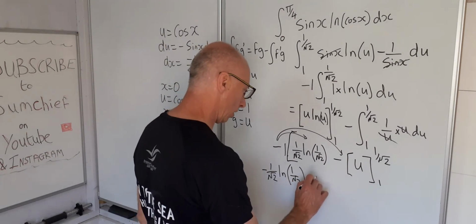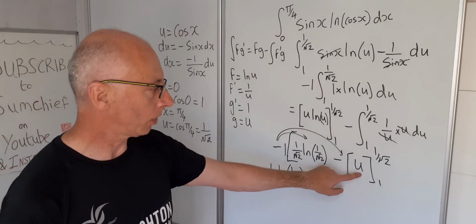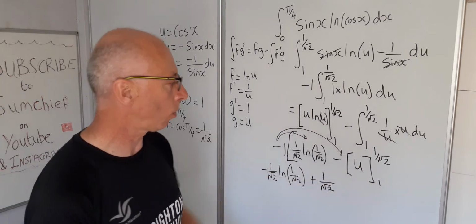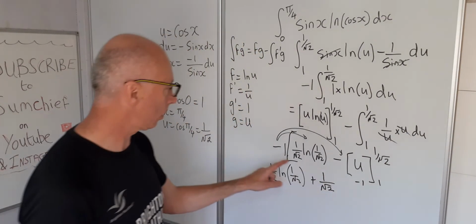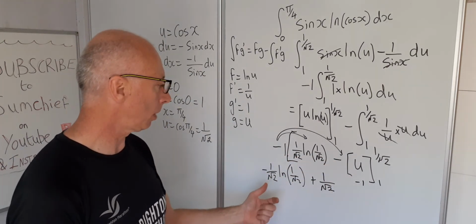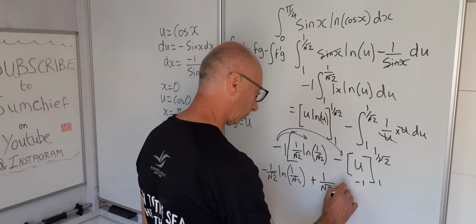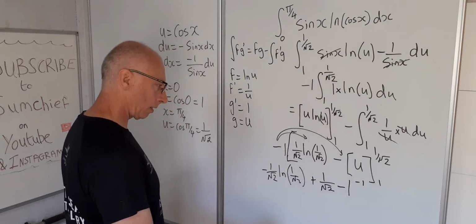So plus 1 over root 2. And now what we have to do when we're calculating this is subtract 1. So that would be subtracting 1, which would give us minus, minus, minus, so that's still going to be a minus. Okay, so that will give us our answer.